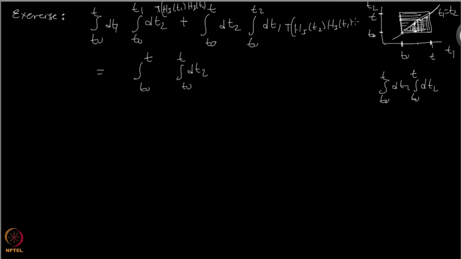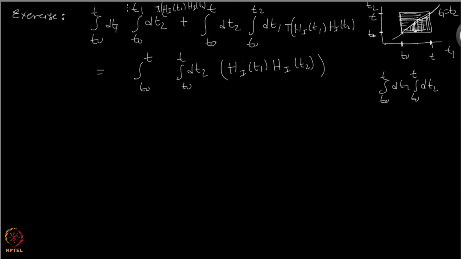So I'm just writing this. Okay, in fact, let me write the same thing, and here also. So I'm integrating over the same quantity in all the three, right? So this is then allowed.